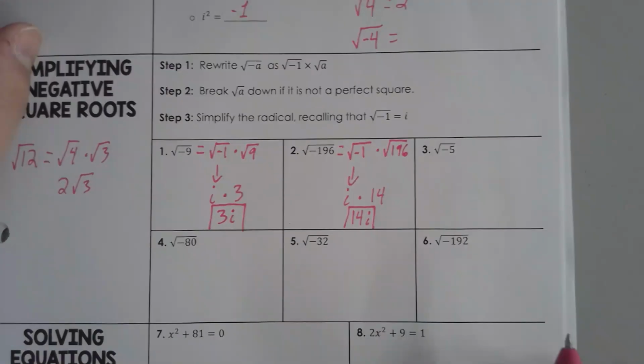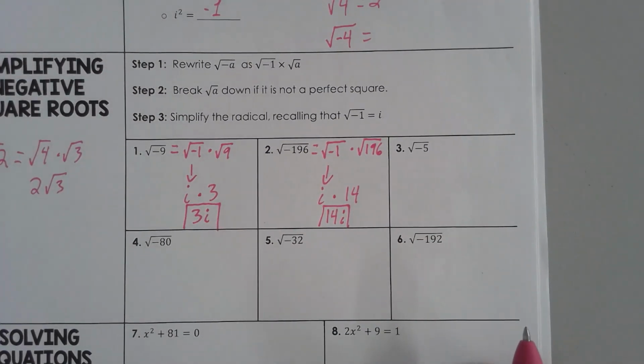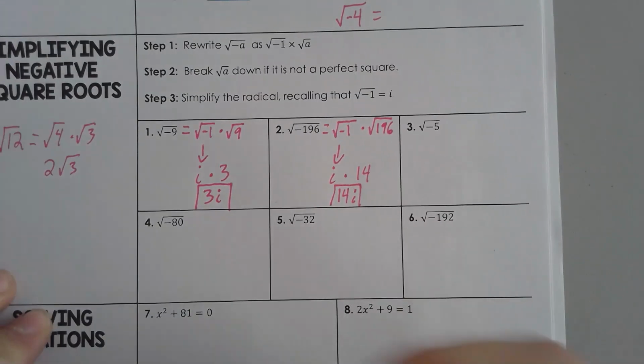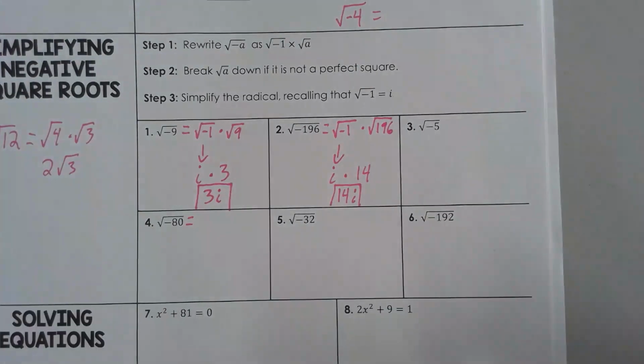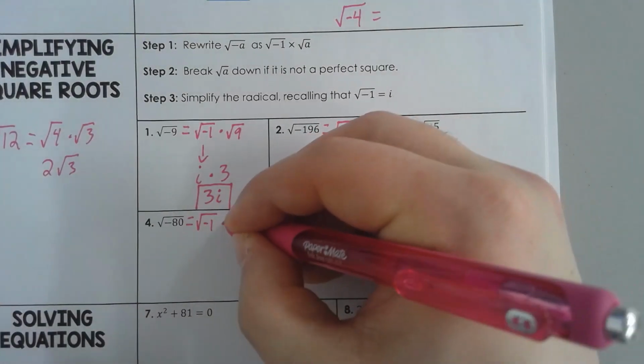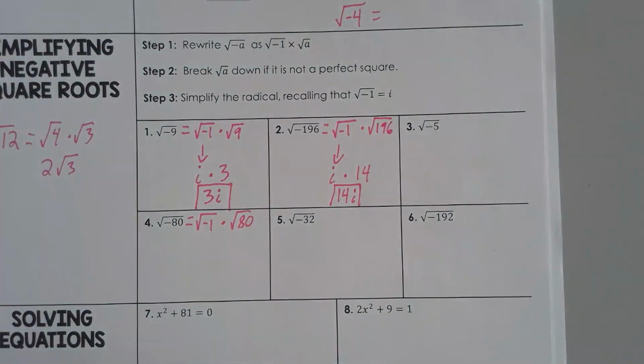Alright, number 3. Actually, let's skip number 3 and go to number 4. So number 4, the first step's the same. We factor out a negative 1 and the number itself.